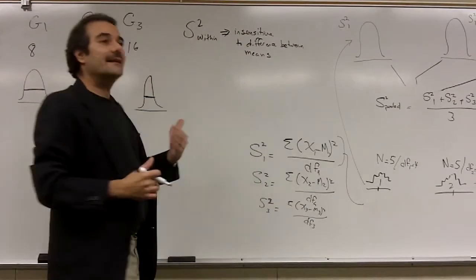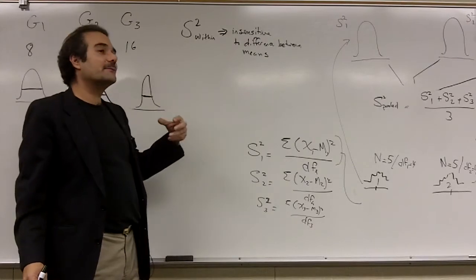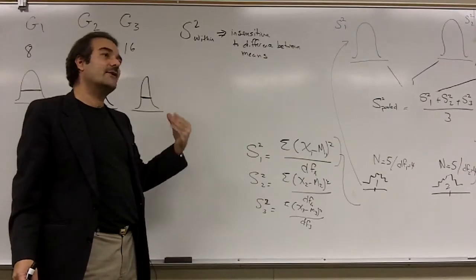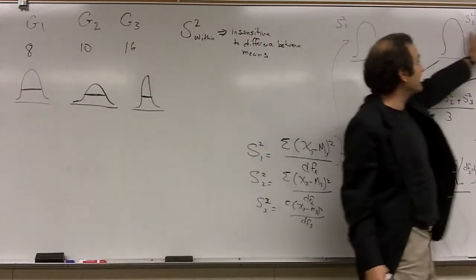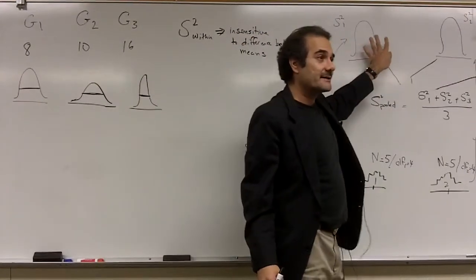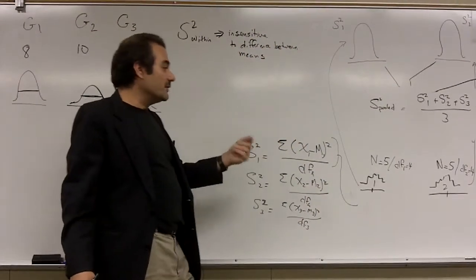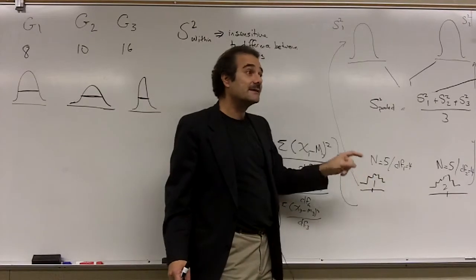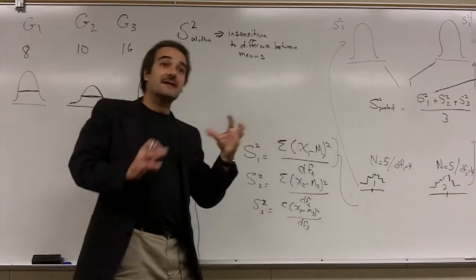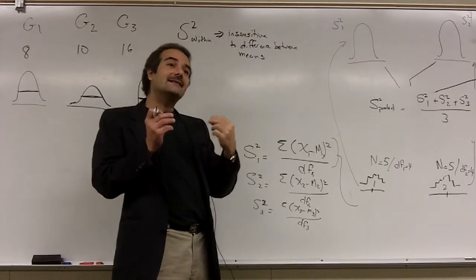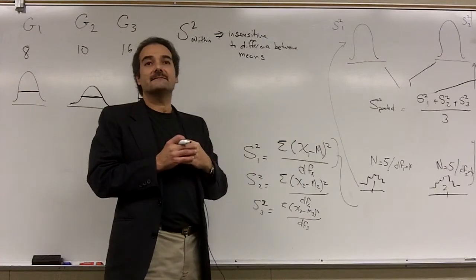Now, what's really brilliant, Fisher, this was there. Everybody understood this concept. But what was brilliant is he came up with another technique of calculating variance. He wanted to calculate the same variances of three populations. And he came up with a technique that if he used the variances from the samples, if the sample mean starts to differ, then that variance will start to grow. So that variance is sensitive to differences between means.